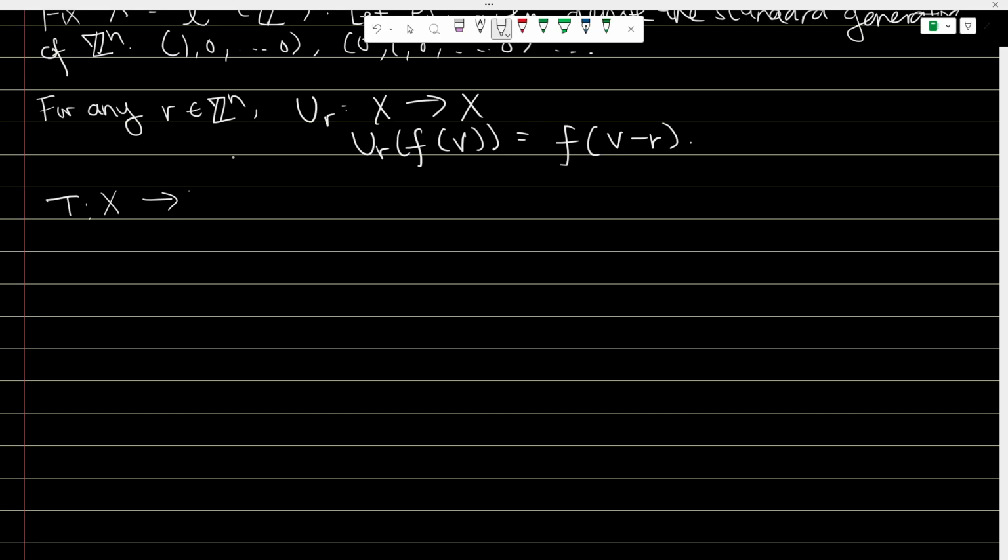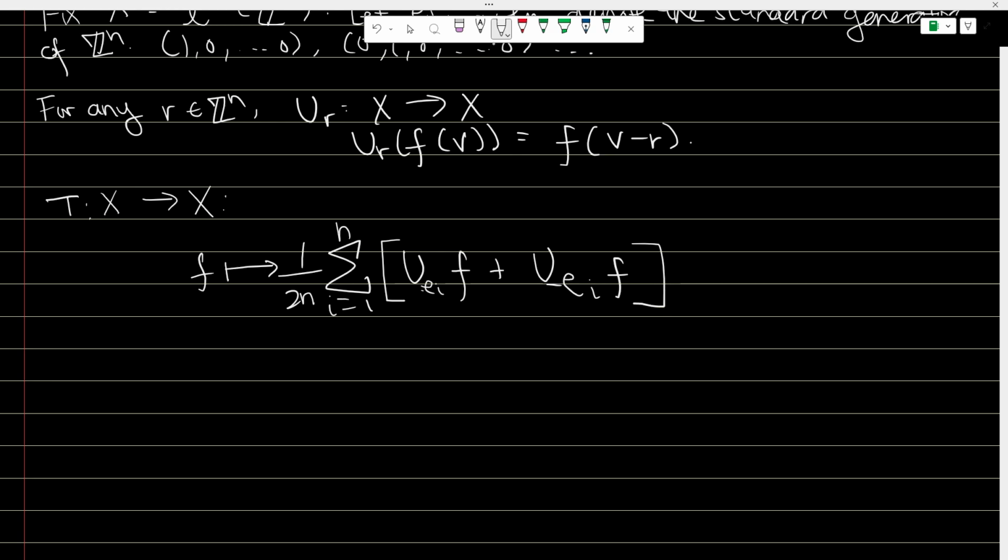From X to X, which is going to do the following. It's going to take an element f and send it to the sum from i equals 1 to n of 1 over 2n, because I just said it's an averaging operator, applied to U sub e_i f plus U sub negative e_i f.